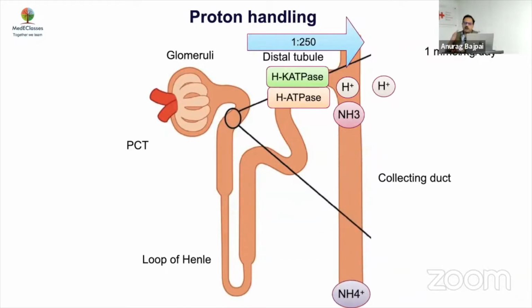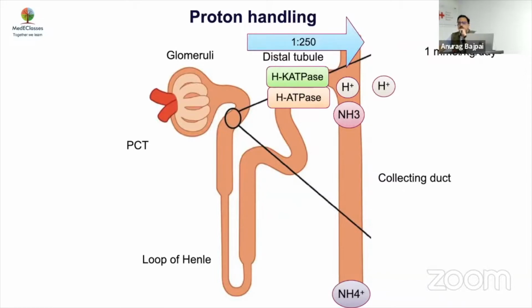So what will happen if anybody who has a normal mechanism develops metabolic acidosis? What will happen to the bicarbonate excretion? What will happen to ammonia production? And what will happen to the urinary pH? In a normal person, if the patient develops acidosis, then urine should be acidic. There should be increased ammonium production, and there should be 0 bicarbonate in the urine.